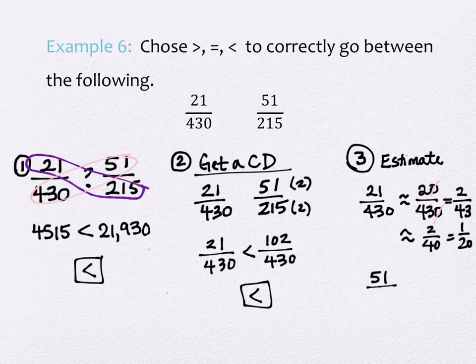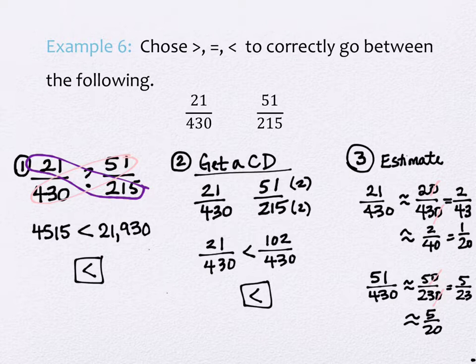So I have 51 over 430. On this one, if I wanted to, I could say that's approximately equal to 50 over 230. I can cancel out those zeros. I have 5 over 23, which isn't great, but it's pretty close to 5 over 20. Wouldn't you do 51 over 215?